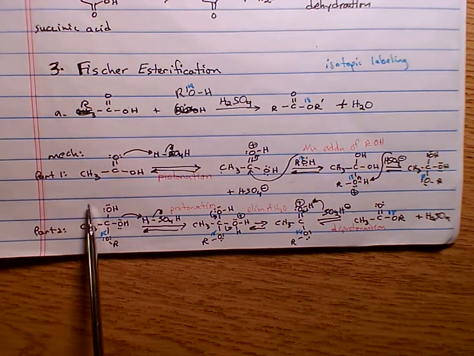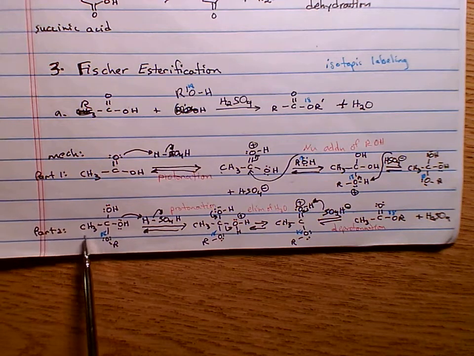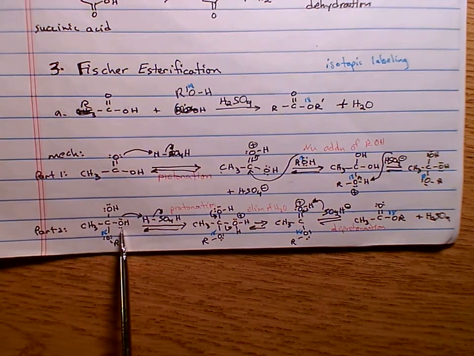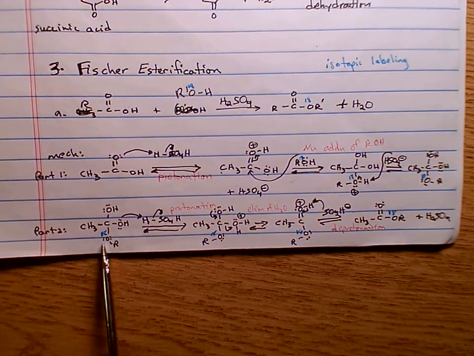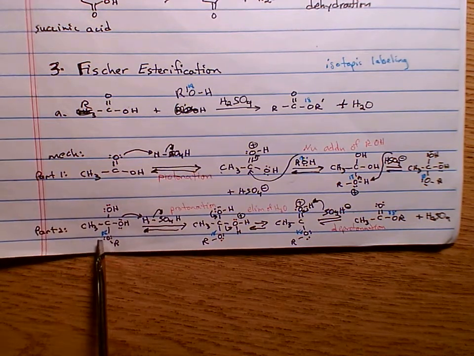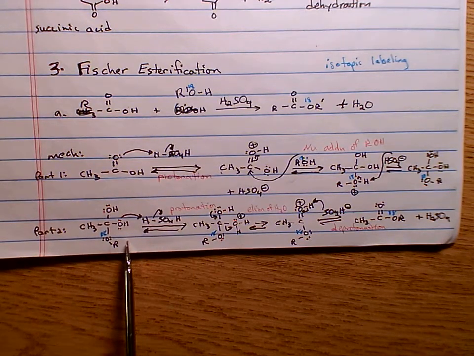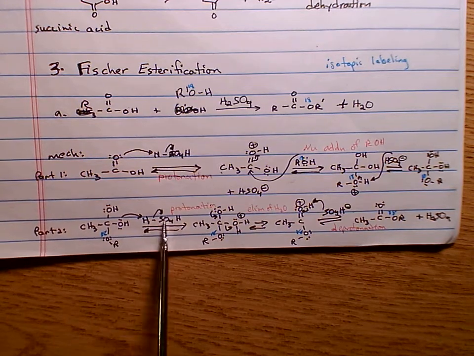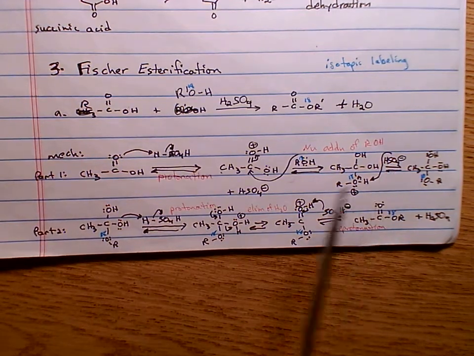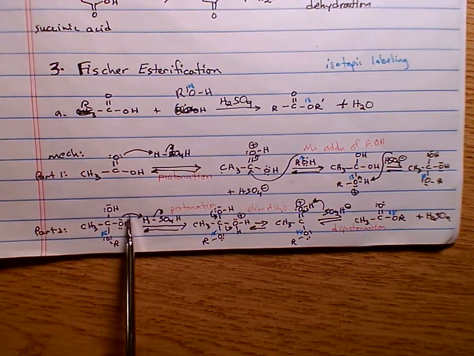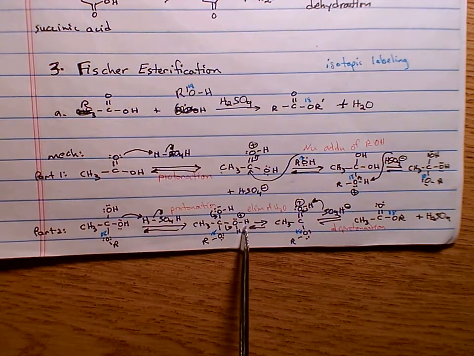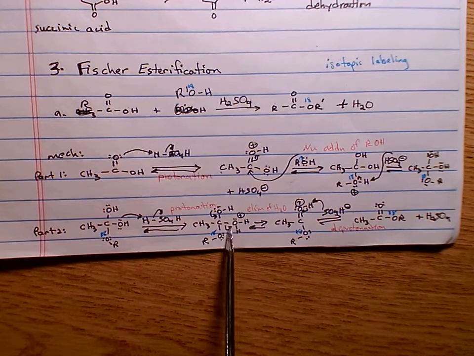Part 2 is, okay, now we've got this beast. We've got our, I don't know, this diol OR thing here and O18 on here. Now, we've got our H2SO4. It got regenerated in this step. One of these oxygens will attack the H2SO4 to protonate this, and we've recognized this from organic 1. This is a good leaving group.